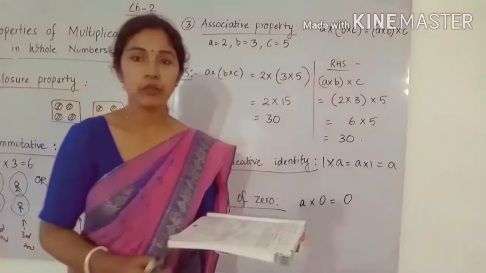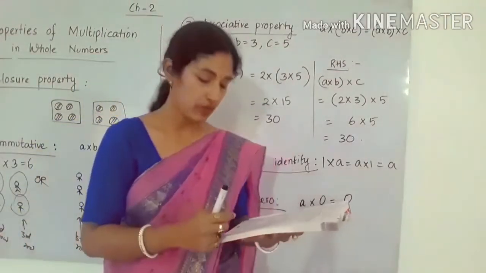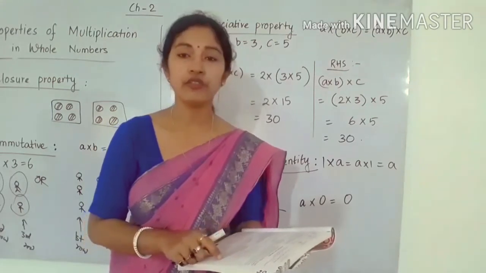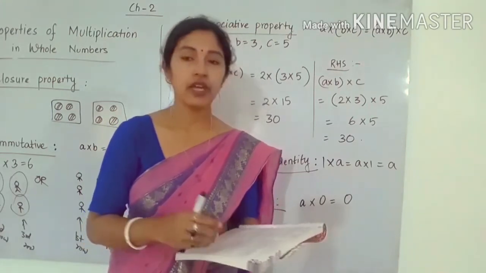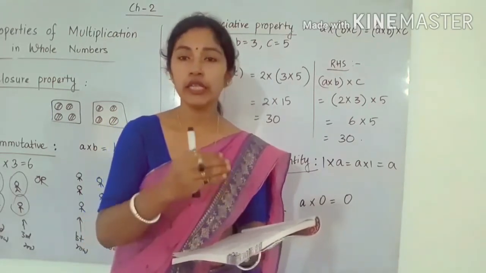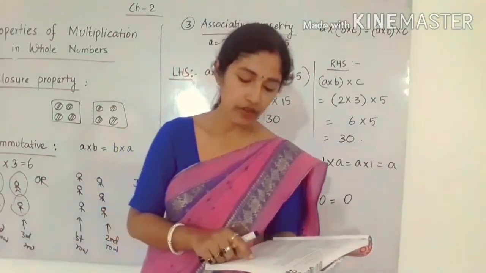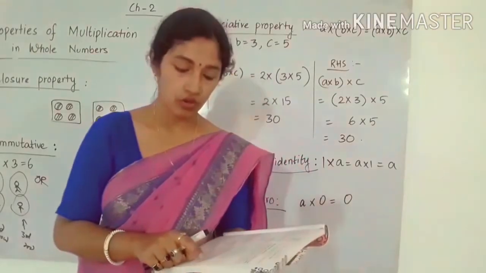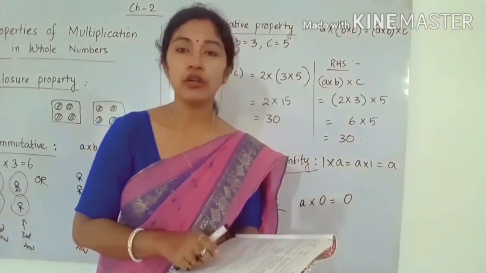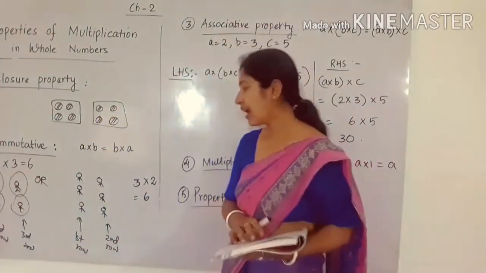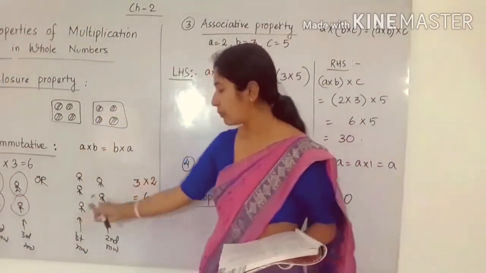See, one statement I am reading from the book about property of 0. It is written, if we give 0 chocolate each to 5 children, that means we are giving 0 chocolate each to 5 children, then what happened? The number of chocolates given away will be 0. So that means we can write 0 into 5 is equal to 0. This example is the same as I have taken in commutative property.